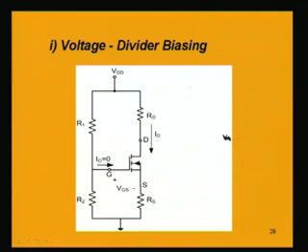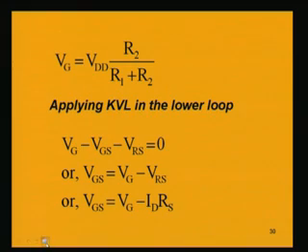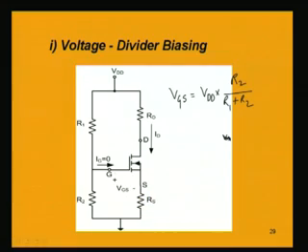The voltage across this R2 is nothing but the voltage between gate and ground. So, Vg is equal to VDD into R2 by (R1 plus R2).